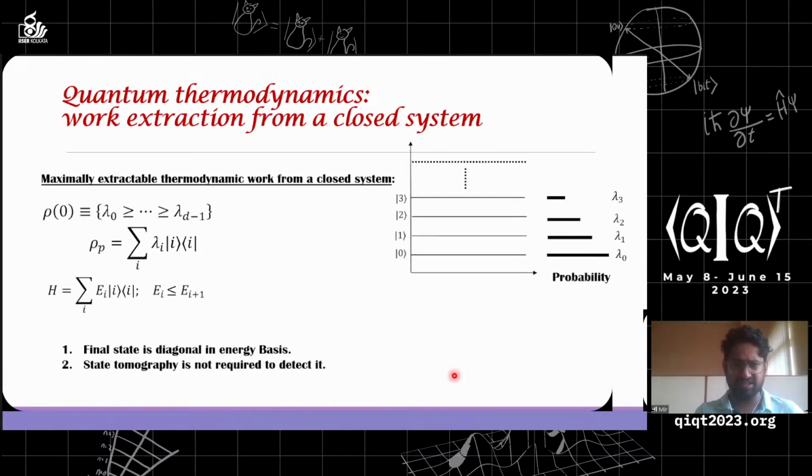So let's understand these things more precisely. Since we are doing unitary operations only, what happens? Only the spectral things remain the same, only the basis changes.